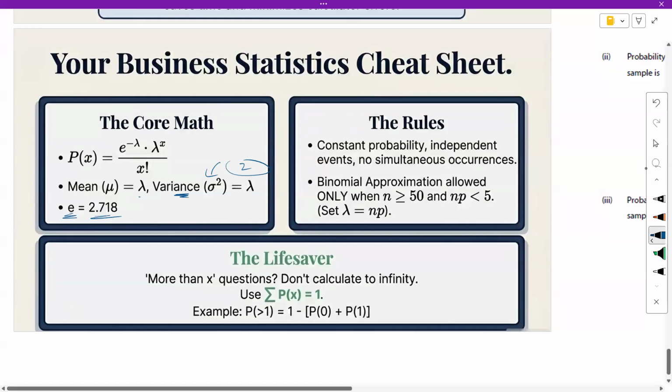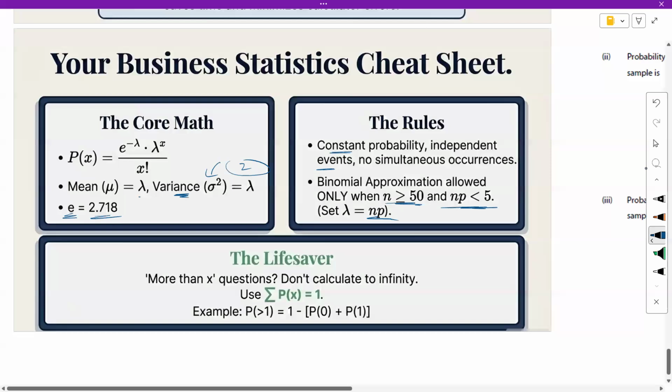And e, the value is 2.718. The rules to apply the Poisson distribution: there should be a constant probability, and the events should be independent, with no simultaneous occurrences, which are negligible. The binomial approximation is allowed only when n is more than 50 and the expected lambda is less than 5.